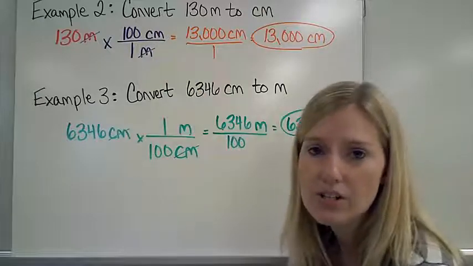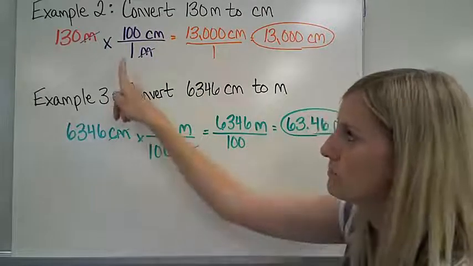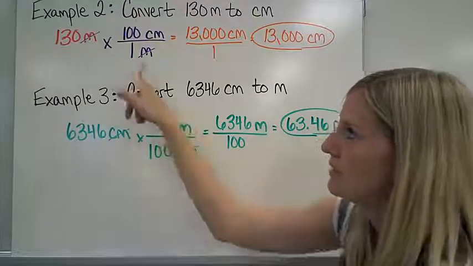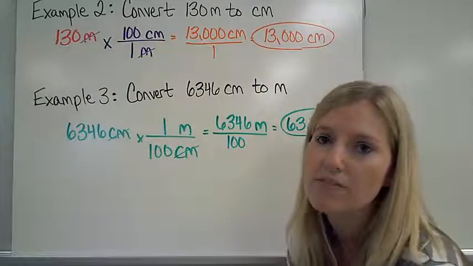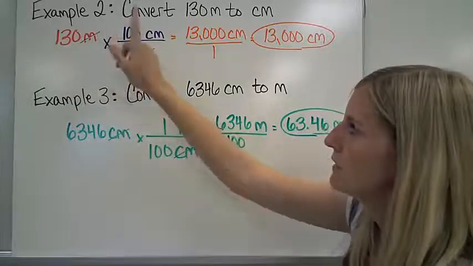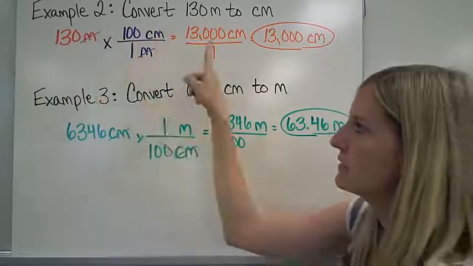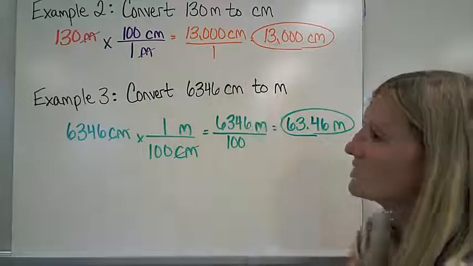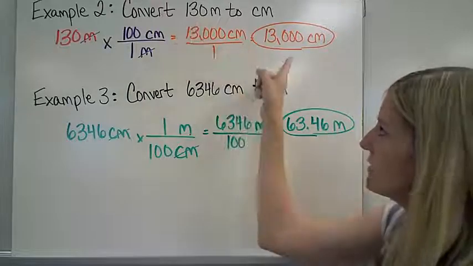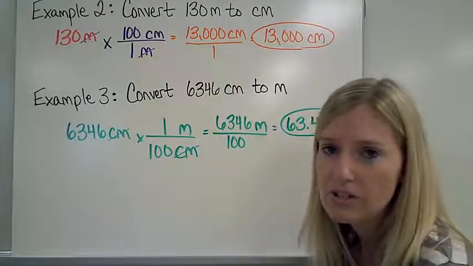A meter is larger than a centimeter. So in just 1 meter, there are 100 centimeters. I cancel the units and I see I'm left in centimeters. That's what I want to be in. So I multiply what's on the top and divide it by what's on the bottom, and I get 13,000 centimeters. So 130 meters is the same as 13,000 centimeters.